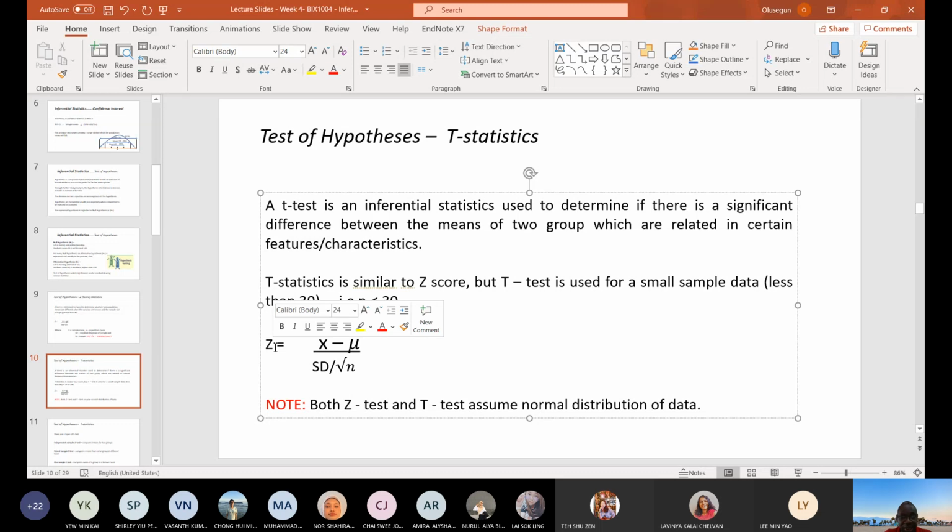So it is the same formula that is being used, either Z or T, but the difference is the sample size. When you get the T test or the Z test, there is a level of significance. When it is significant, we can reject our hypothesis. When it is not significant, we can accept our hypothesis.